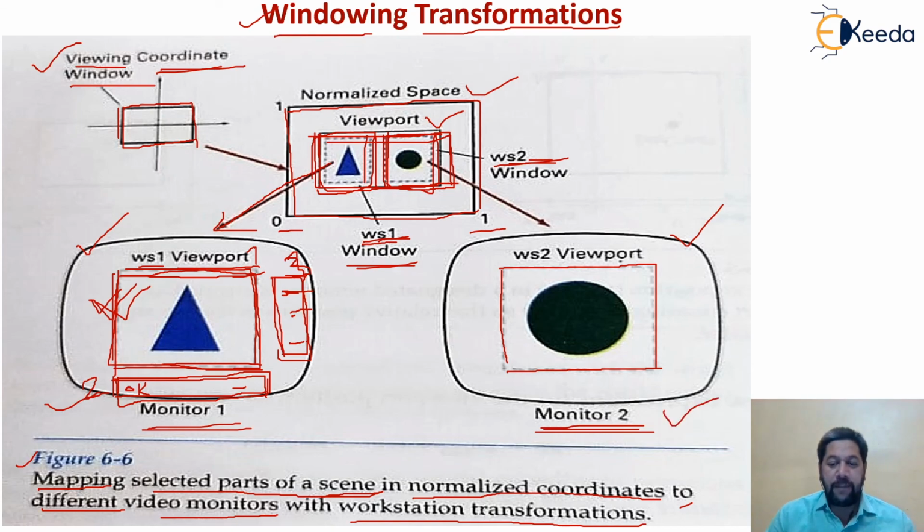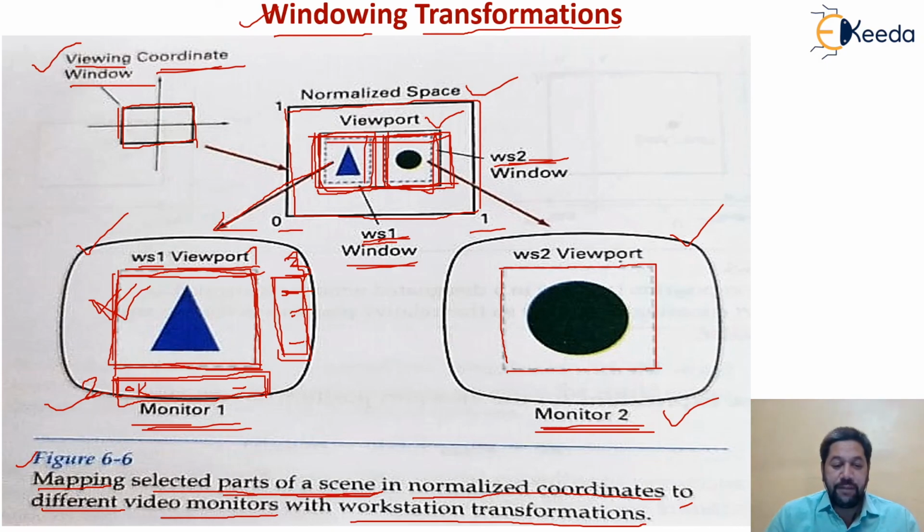Whatever scene I have captured in my world coordinate system, I can divide into different workstations. Each part of the scene can be considered a different workstation, and I can map it separately to a different monitor screen.